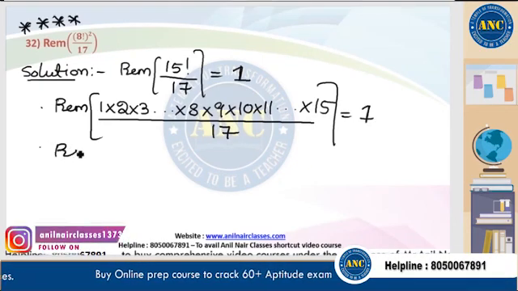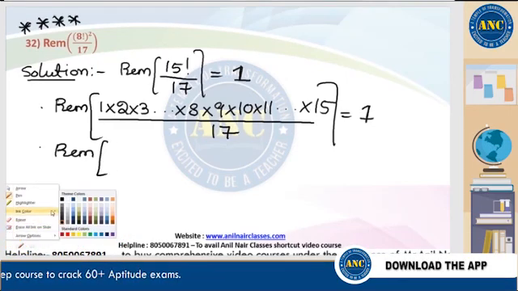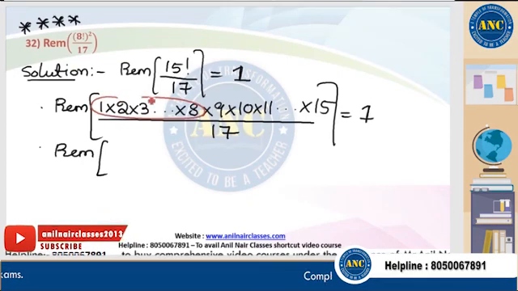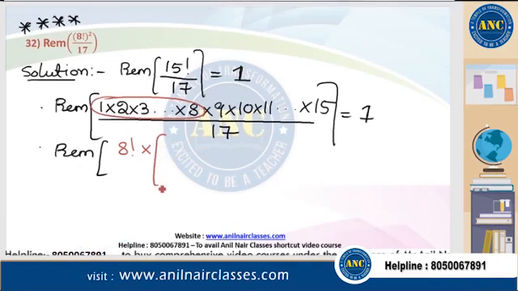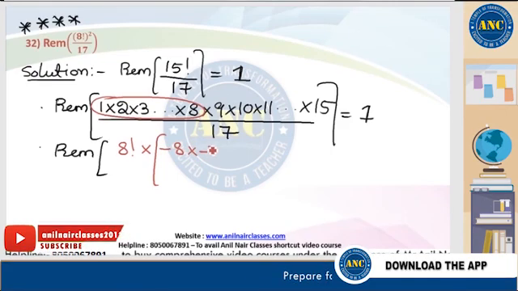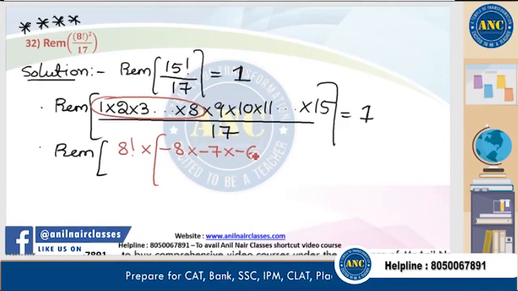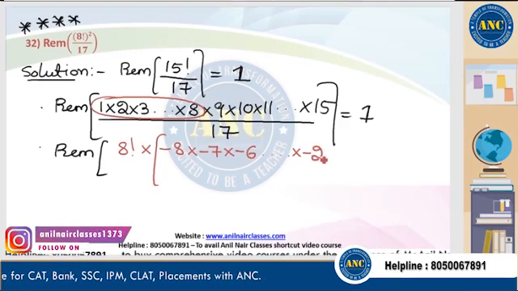Now next step, see here. 1, 2, 3 till 8 is called 8 factorial. Now see, 9 divided by 17: 17 ones are 17, minus 8. 10 divided by 17, minus 7. 11 divided by 17, minus 6. 15 divided by 17, minus 2.